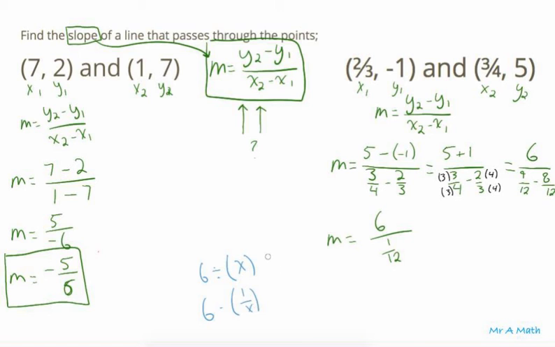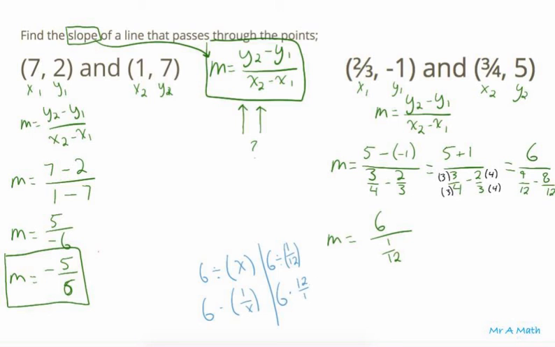So that applies here because 6 divided by 1/12, which is what this is, is the same as 6 multiplied by its reciprocal. Well, what's the reciprocal of 1 over 12? It's just 12 over 1.